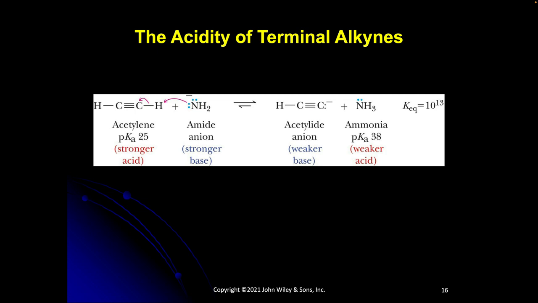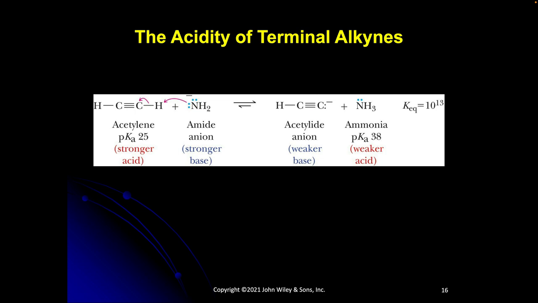And so I'm not drawing the reverse arrow. This is essentially not an equilibrium reaction, right? The equilibrium lies so far this way, you just consider it done. We don't worry about the few molecules that may not have gotten deprotonated. And so what you recognize is that you start over here.